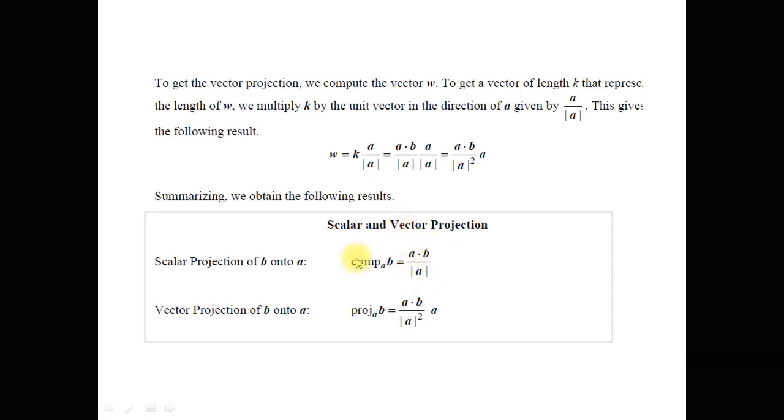This is called the scalar projection of B onto A. But the vector projection of B onto A is equal to A dot B divided by A magnitude square into A. This is the derivation of the vector projection of B onto A.